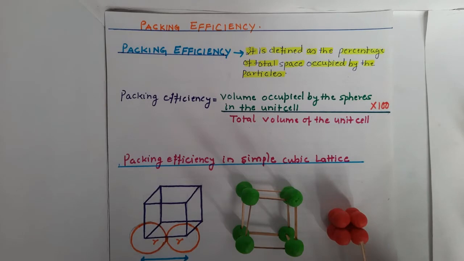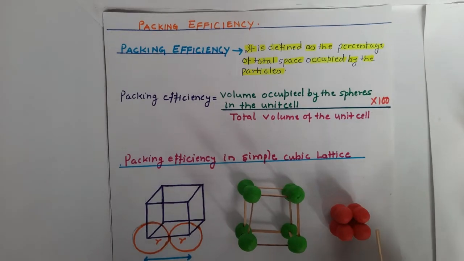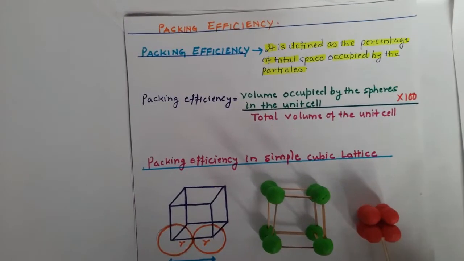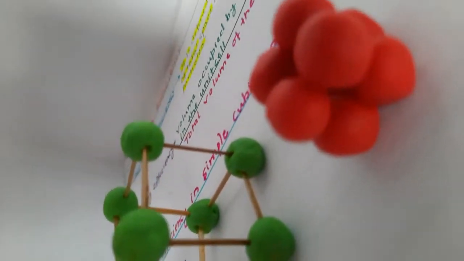Here the atoms are placed at the corners of the unit cell, and they arise as a result of square packing of the spheres.